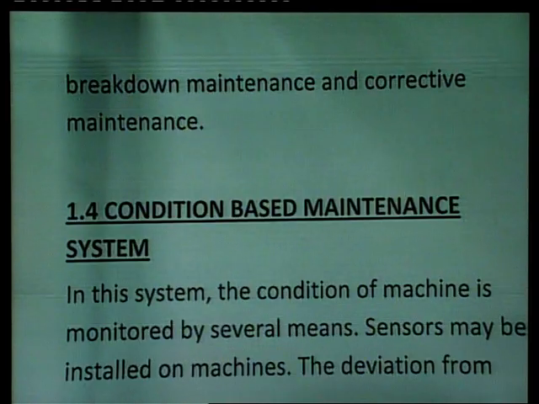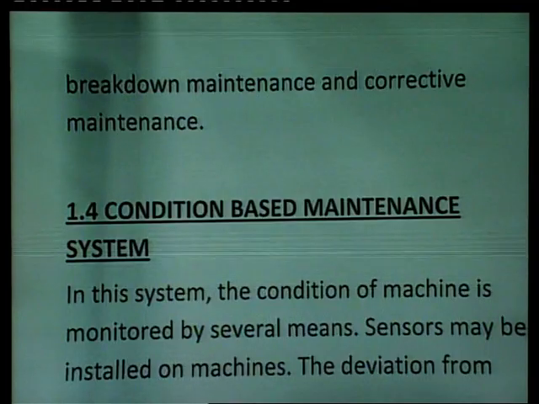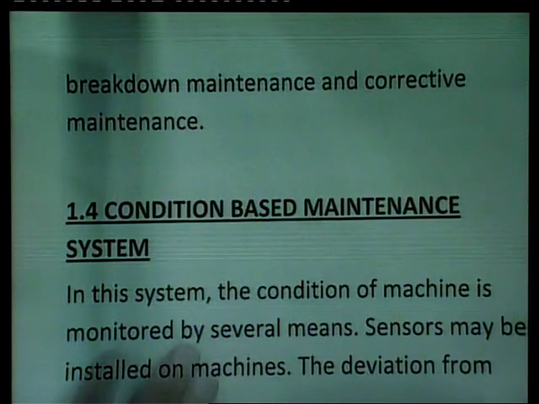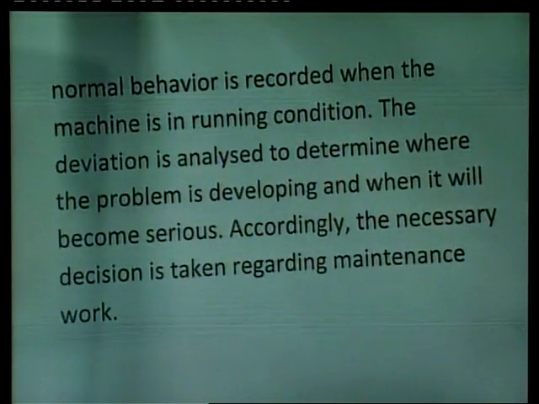So next maintenance is condition based maintenance. In this system, the condition of the machine is monitored by several means. Sensors may be installed on the machine. The deviation from normal behavior is recorded. When the machine is in running condition, the deviation is analyzed to determine where the problem is developing and when it will become serious.